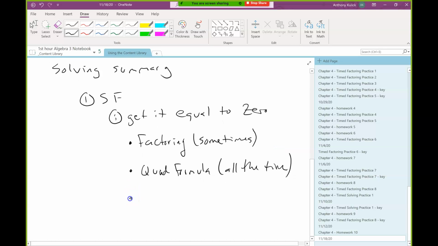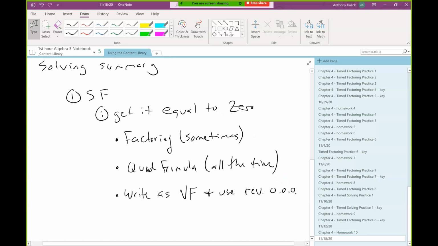And the last thing that we could do is, for some of these standard forms, it's pretty easy to think of it as a vertex form. And in those cases, you could use the reverse order of operations as well.